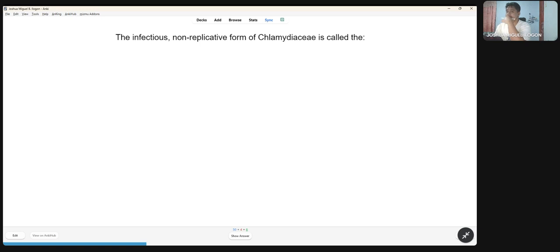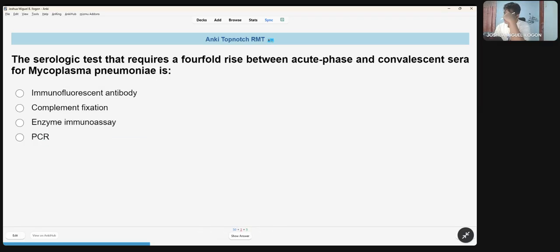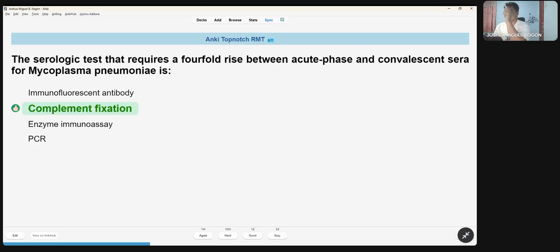Inhibitory bodies. That's EIA. That's a separate thing. Acute phase and convalescent. That's your, okay, complement titers siya ba? Titers.